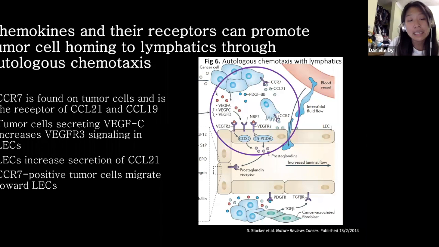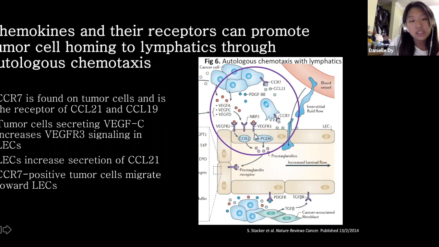And then once again, we talk about the signaling axis, and the role of VEGF-C and VEGF-D is that the tumor cells, like we talked about in the beginning, will secrete these ligands. So VEGF-C, VEGF-D, and a few others. And then what happens is that VEGF-C, for example, will bind to its receptor, VEGFR3, on the LEC.